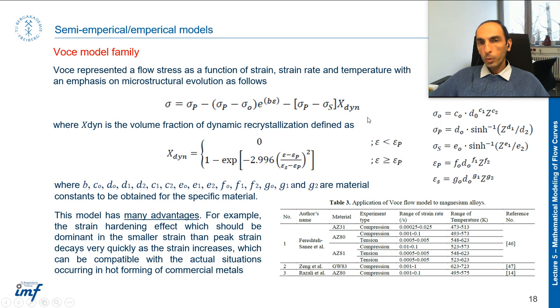So we can have a flashback to the definition of semi-empirical models. The semi-empirical models are mathematical equations. However, you can see some physical meaning in the equations. Okay, here, dynamic recrystallization or hardening, you can see, and you can interpret the equation that, okay, this is related to the hardening, this is related to the dynamic recrystallization.